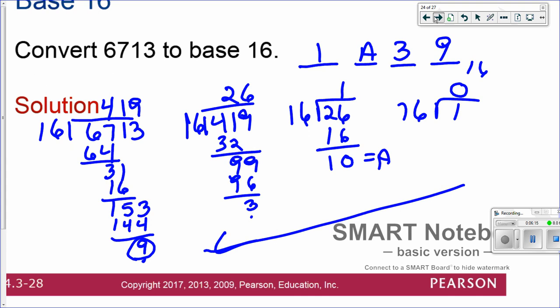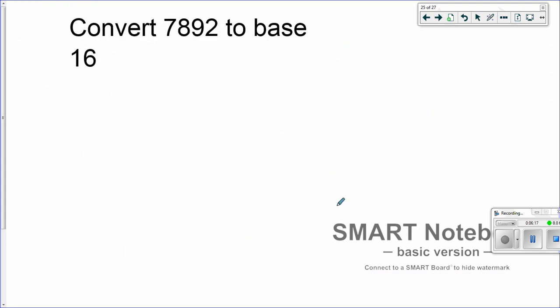Okay, so let me try another one for you. Okay, so I'm going to take 7,892 and divide it into base 16. So again, I have to do long division, so I do 16 into 7892. So 16 into 78 goes 4 times, which is 64.